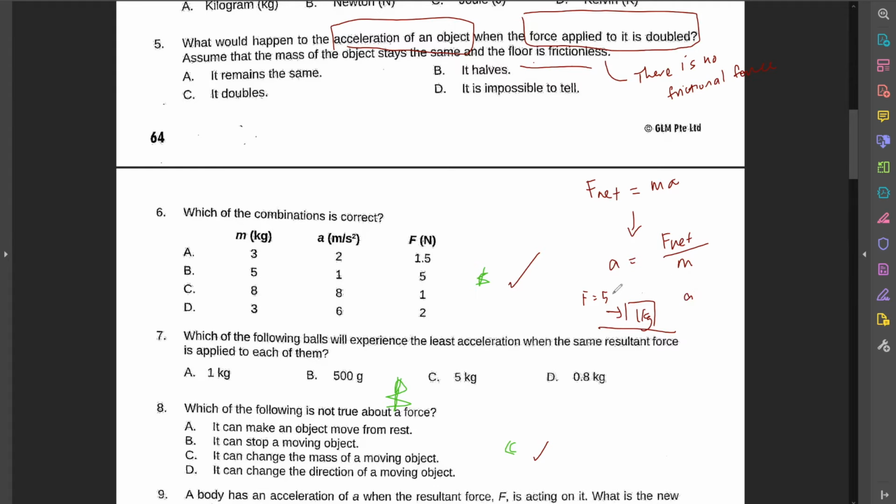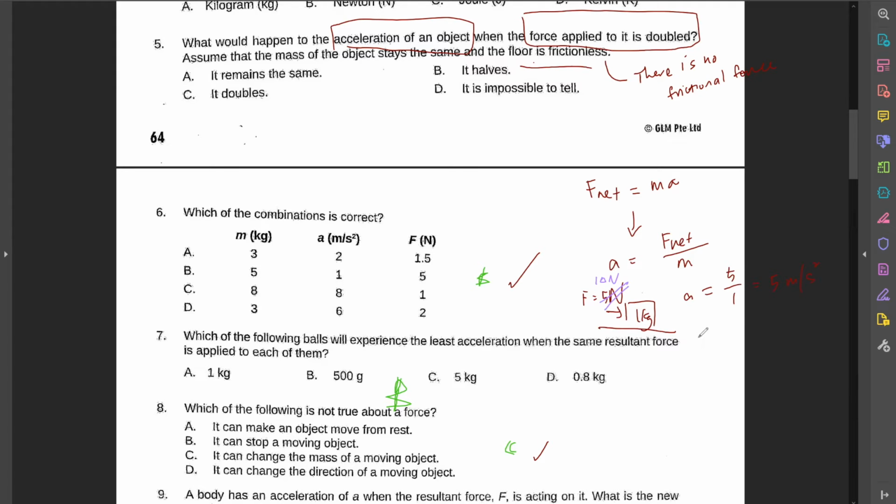So acceleration here will be 5 divided by 1, so it's 5. The question says the force is doubled, so instead of 5, I put 10.